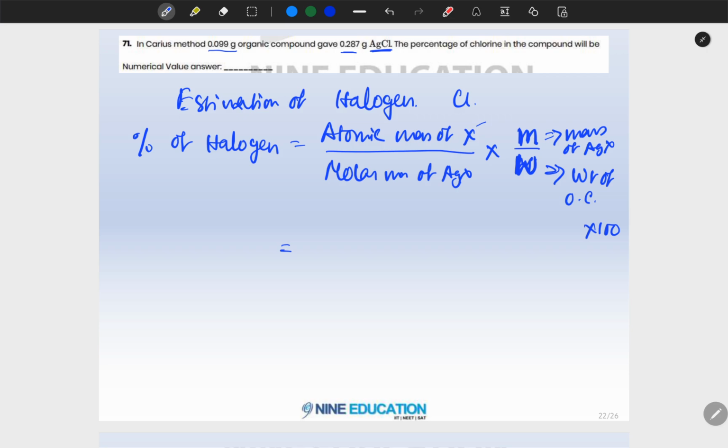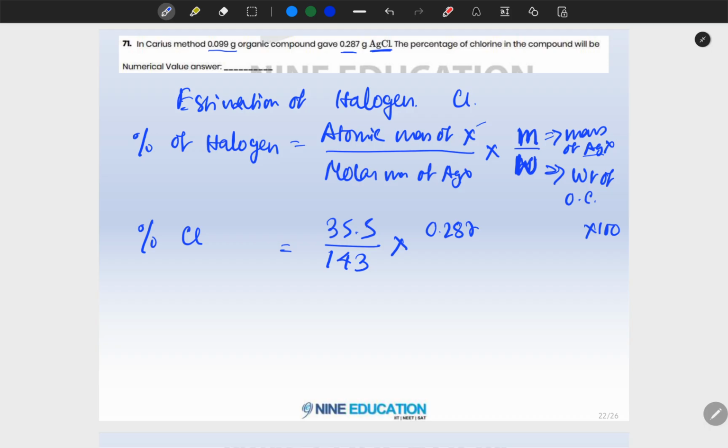So we have to calculate the percentage of chlorine. What is the atomic mass of halogen? That is 35.5. What is the molar mass of AgCl? The value is closer to 143, into the mass of AgCl given in the question, that is actually 0.287.